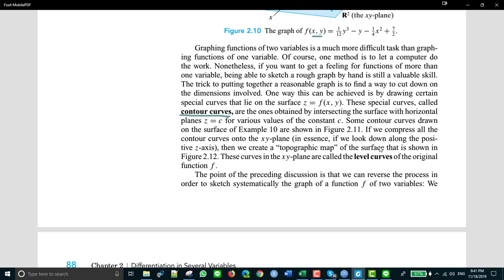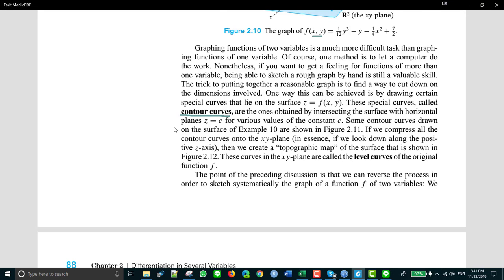If we compress all the contour curves onto the xy plane, which means in essence we look down along the positive z-axis, we create what we think of as a topographic map. So you've probably seen that when you look at a map that's trying to show you mountains and valleys of the surface that is shown in.